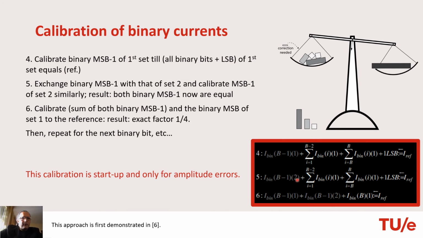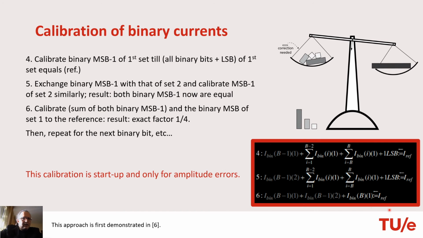We will perform the calibration until this whole thing is equal to this whole thing, after which we know that MSB -1 from the first set is equal to the MSB -1 from the second set, because the other currents are the same.